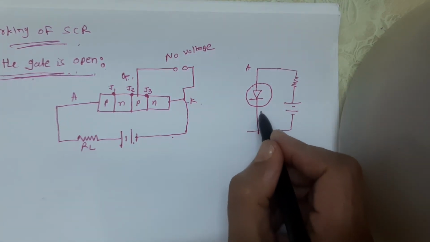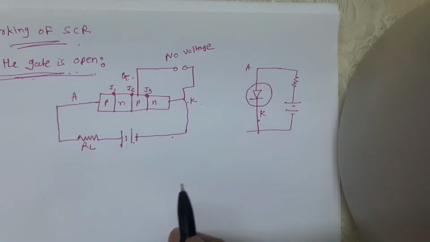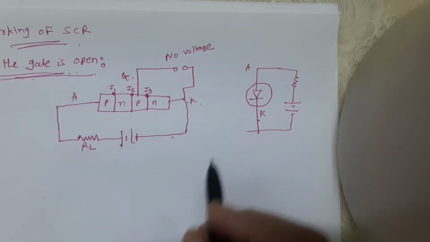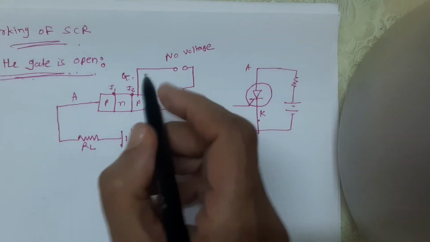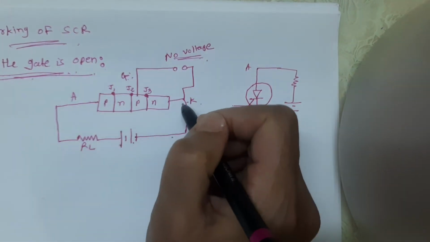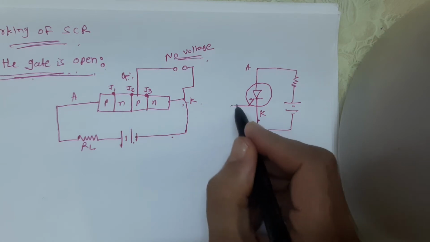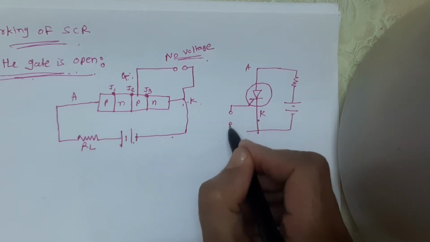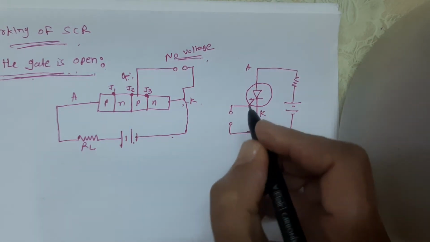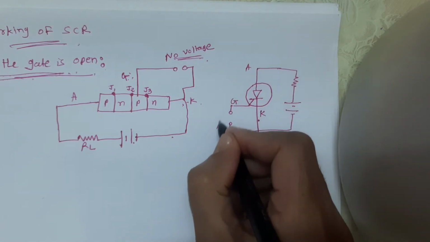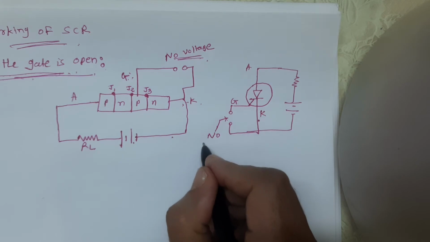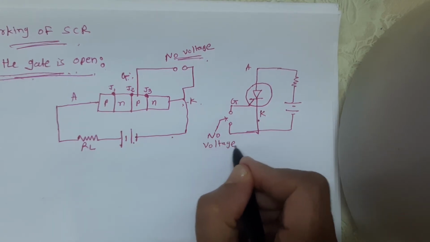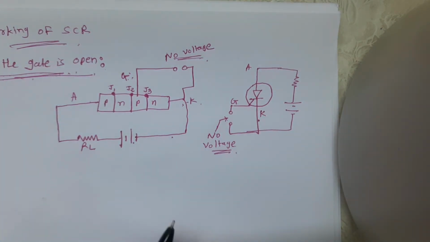This is your cathode, and the gate is open, so there is no voltage between gate and cathode. Simple circuit.